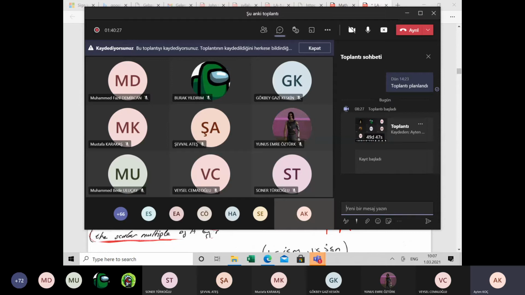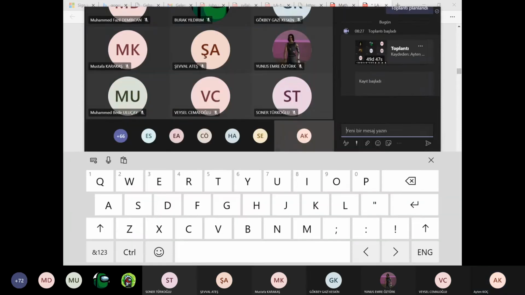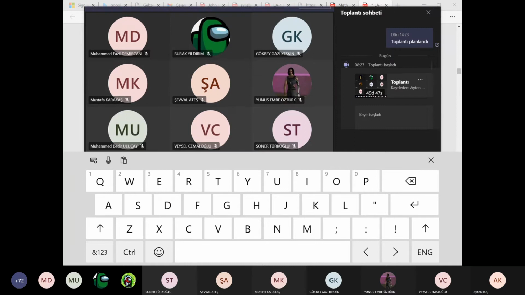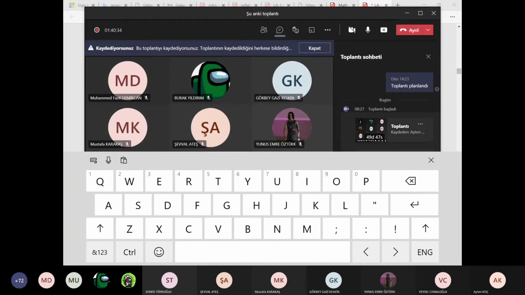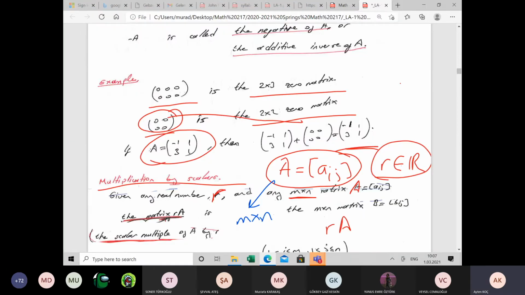No, okay. We have one matrix, one scalar. It's okay. So our aim is to get the new matrix, R times A. Let's define the multiplication by scalars. What is this new matrix? If our matrix A is n by n, then R times A should be n by n.